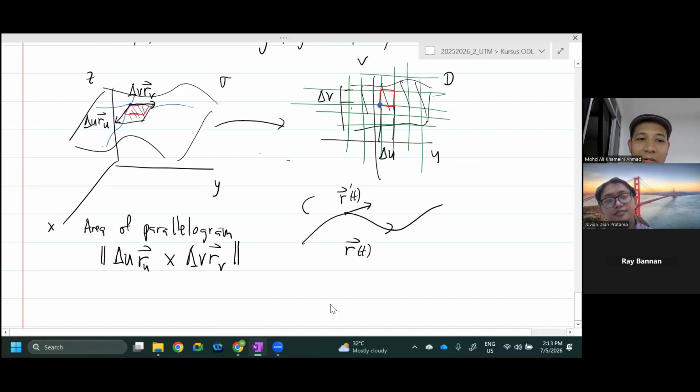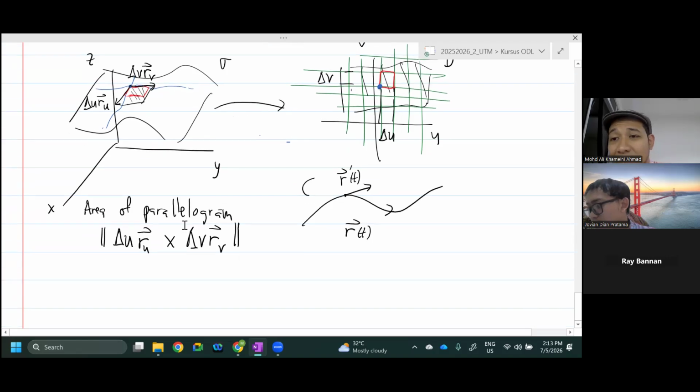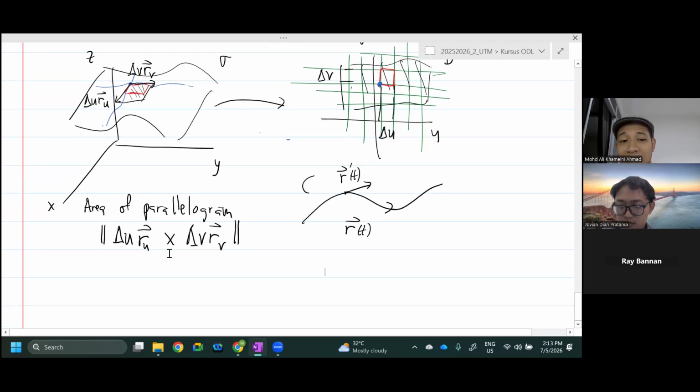Then you see that these are scalars, and you can pull them outside of the magnitude of a vector. Because this is a vector, if you make a cross product, you get a vector, then you can compute the magnitude of that vector. So similarly you have the magnitude of r sub u cross r sub v, times delta u delta v.